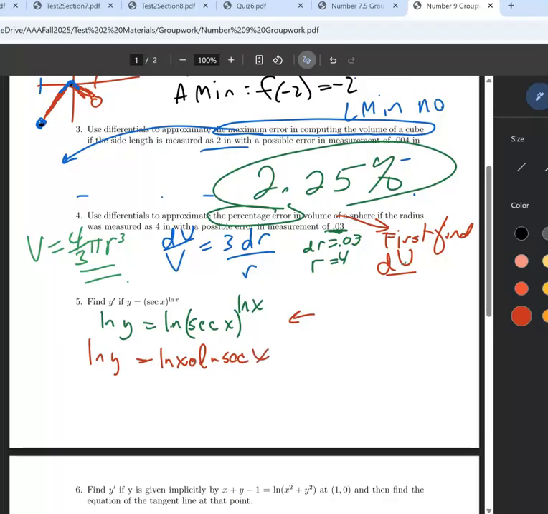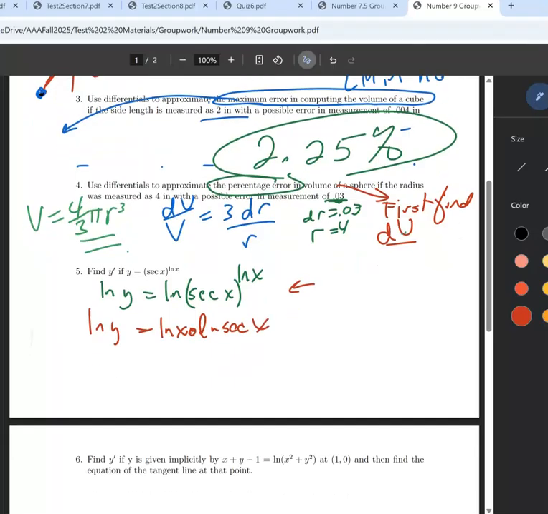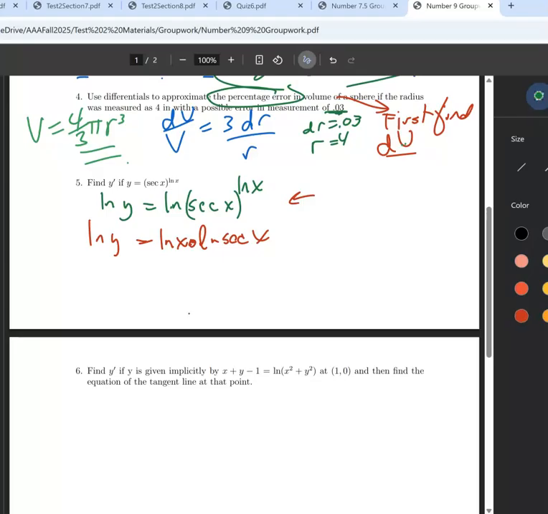And you know you're always going to have product rule on this right-hand side. So I take the derivative, and I get 1 over y times y prime, and over here, first d second, 1 over secant, and then times derivative of secant, which is secant tangent, plus ln of secant times the derivative of ln of x, which is 1 over x.